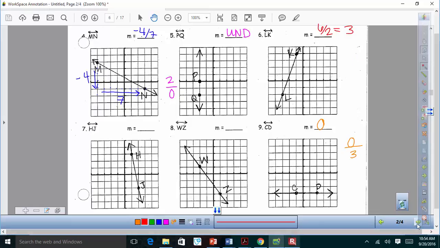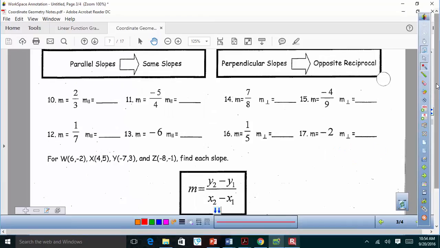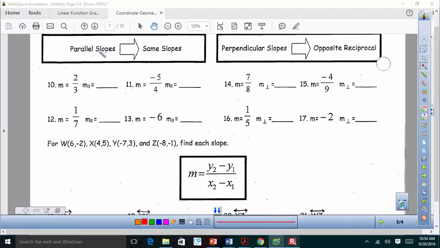Okay, so let's look at the back. All right, so on the back it actually tells us parallel lines have parallel slopes, and perpendicular slopes are opposite reciprocals. Okay, so we're going to talk about what opposite reciprocal means. So in this first one, the slope is 2/3, and they want us to find one.